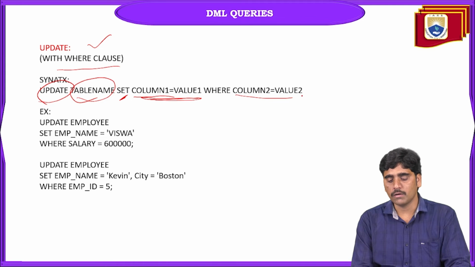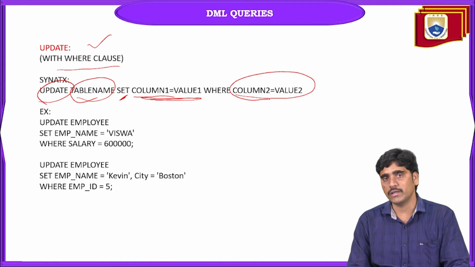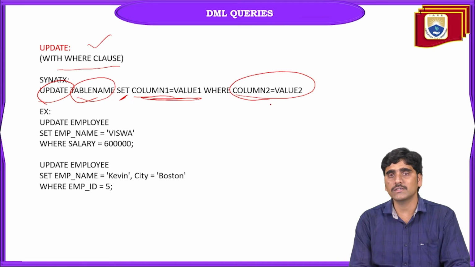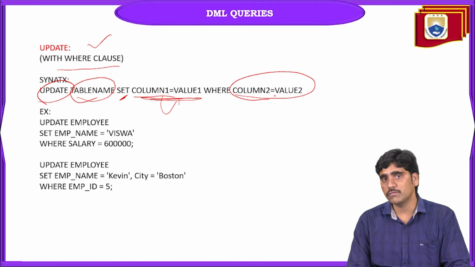And WHERE column name equals to value name, second column name equals to value name, means I am going to update the values based on this column and value. I am going to update column 1 with the value 1, where the condition is column 2 equals to value 2.